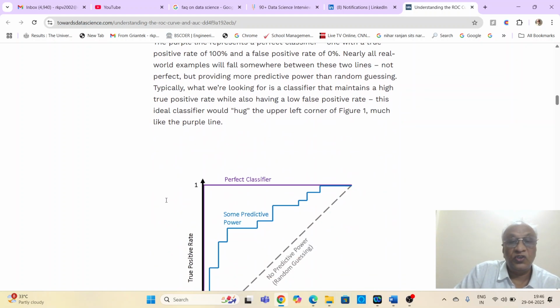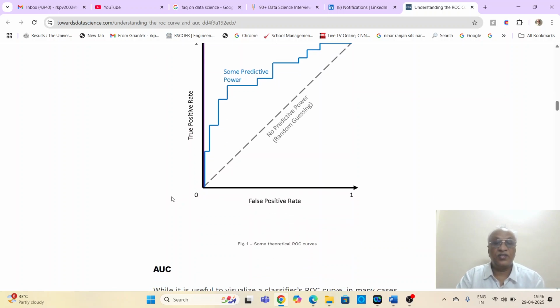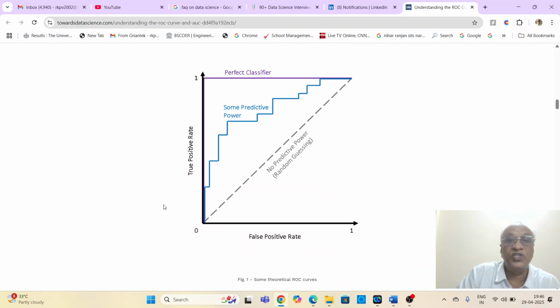And you have here this ROC plot. This is my perfect classifier at 1, this is random guessing, and this is the plot of true positive rate against false positive rate against different thresholds.